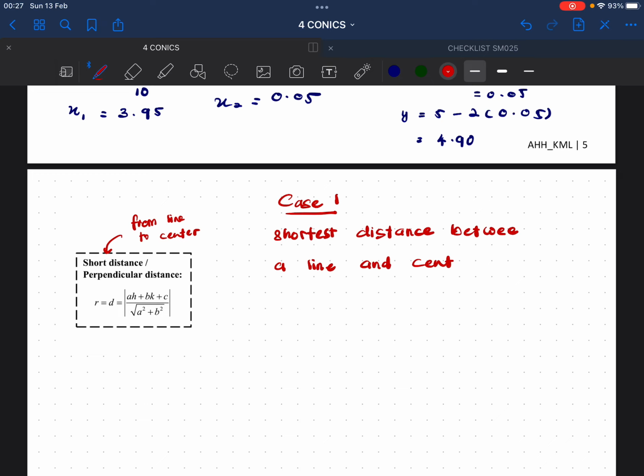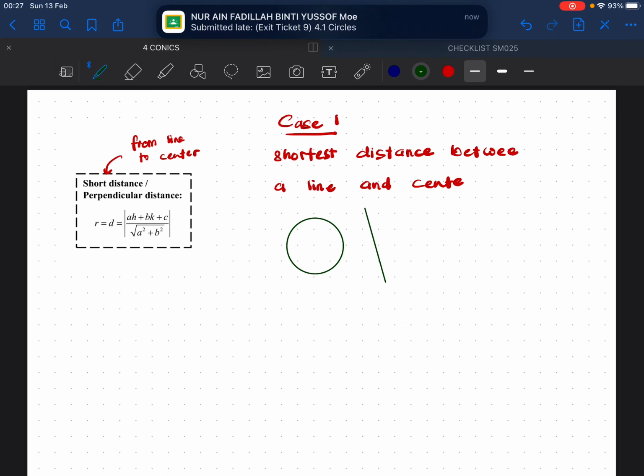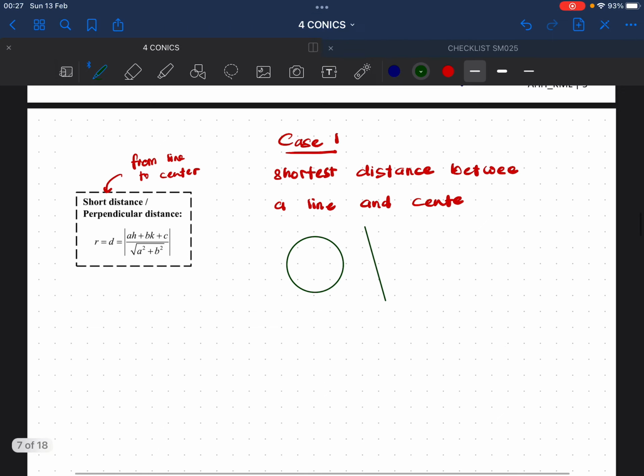So what does it mean by that? We have a circle, we have the line, and the shortest distance between the line and the center. Here is your center, so this is going to be the shortest distance.